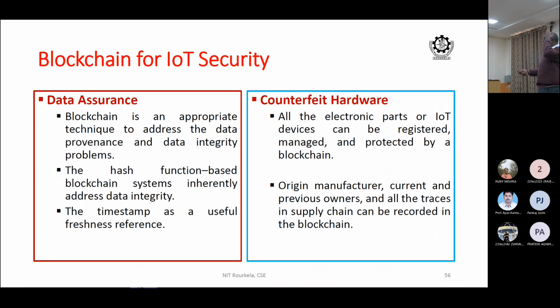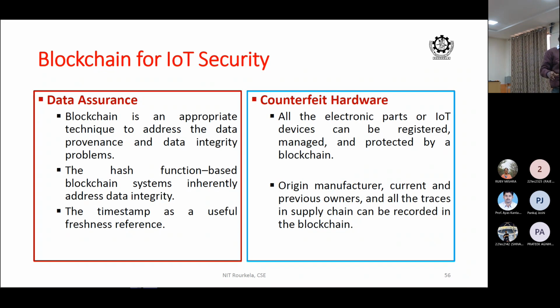Counterfeiting is a very serious problem. And how do we manage counterfeits? Let's look at every user or every manufacturer. They can register themselves into the blockchain, and any device that they generate, they will put in the blockchain. So every device from the manufacturer is there in the blockchain.